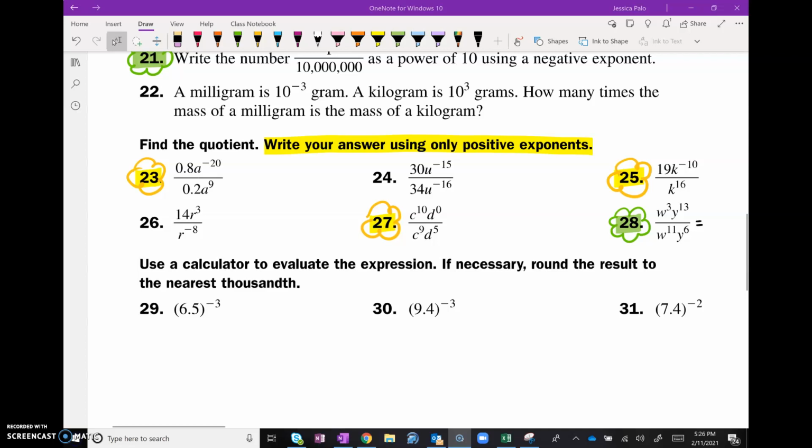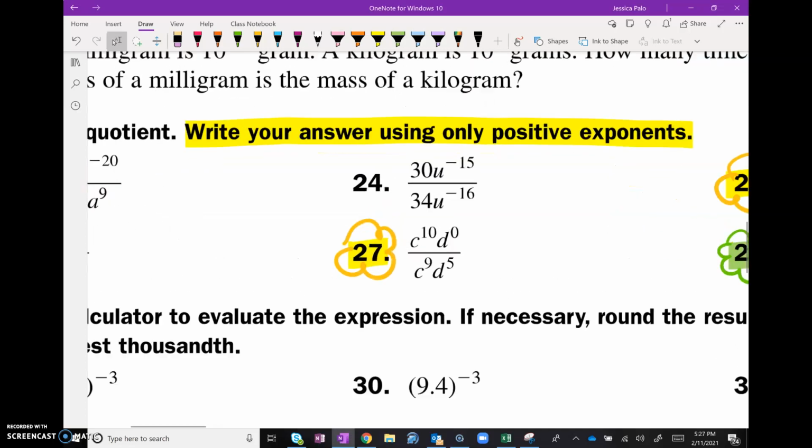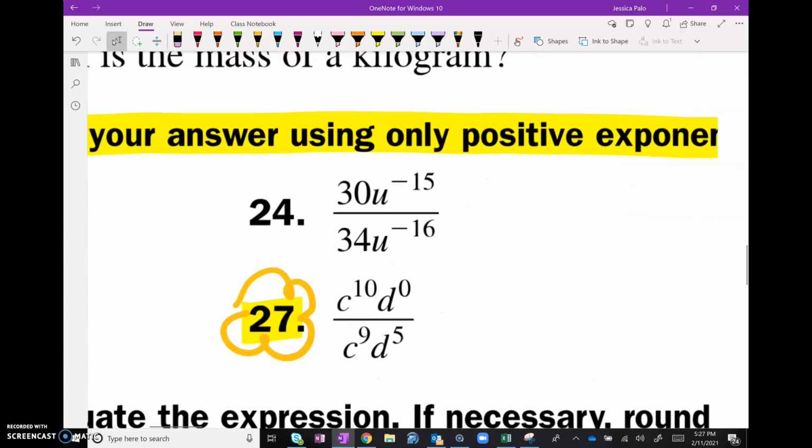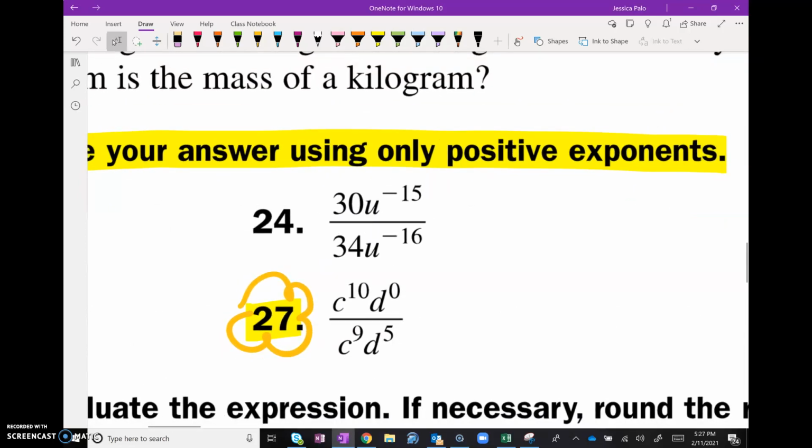Let's do one more. I want to see what you can do for number 24. Last one. Write your answer using only positive exponents. Do number 24. All right, let's just make sure you have the correct answer in your notes. Our problem can be rewritten as 30 times U to the negative 15th over 34 times U to the negative 16th.